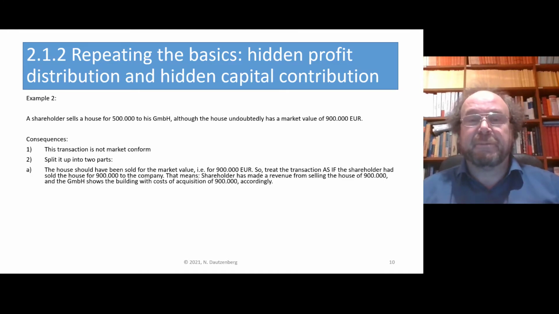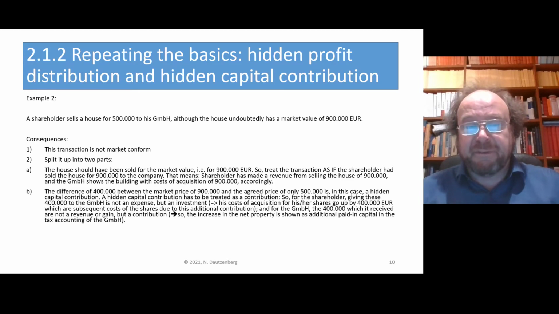So the first part of the transaction is the house is sold for 900,000 from the shareholder to the GmbH. Logical consequences would be our shareholder receives a price of 900,000 instead of 500,000 only, and the GmbH will show the building in its tax balance sheet with the market conform costs of acquisition of 900,000.